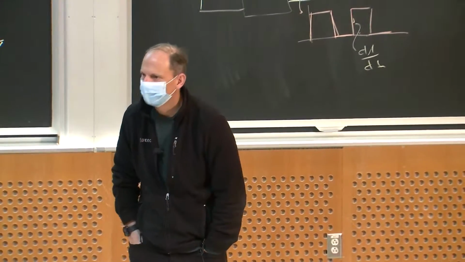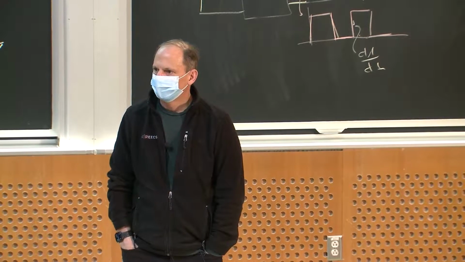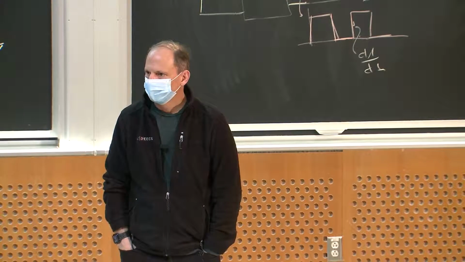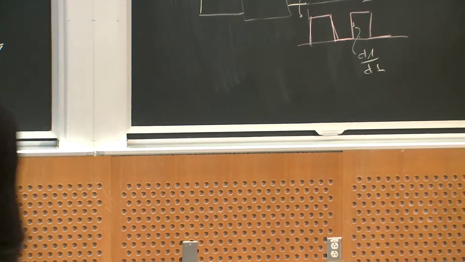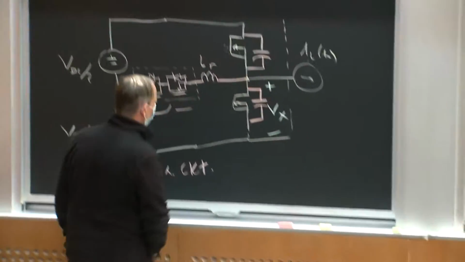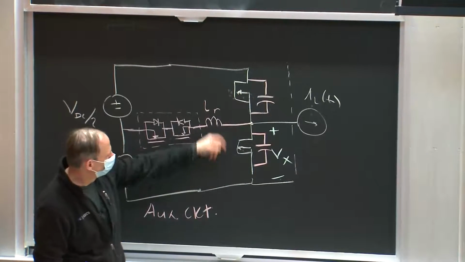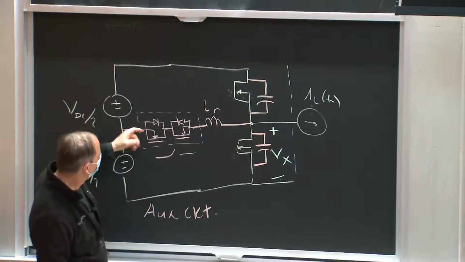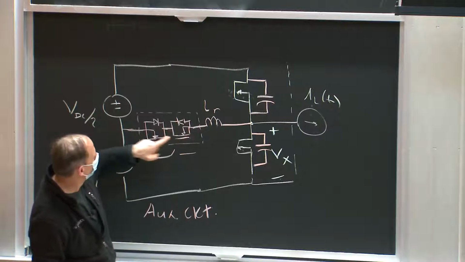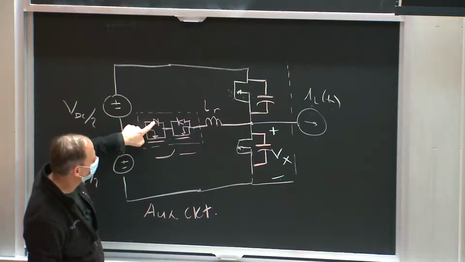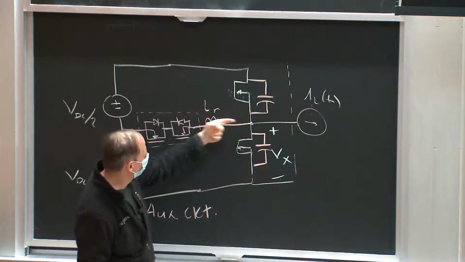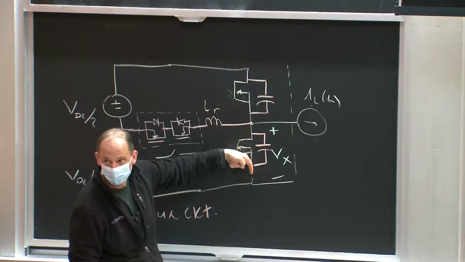Yeah. So abruptly turn off the current in the LR. Well, you don't. What you do is, suppose you're going from bottom to top, right? If I turn this switch on and leave this switch off, this diode conducts. I will charge current positively in LR, right?